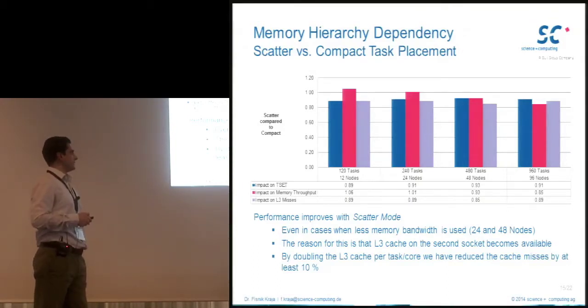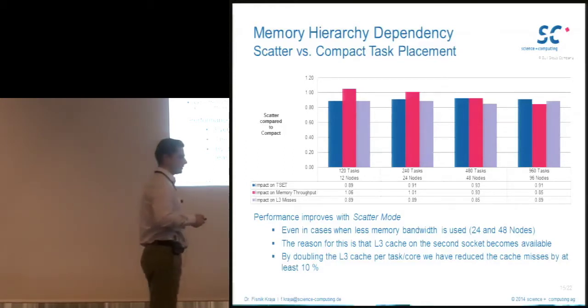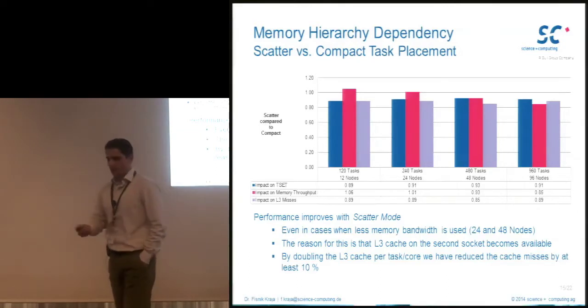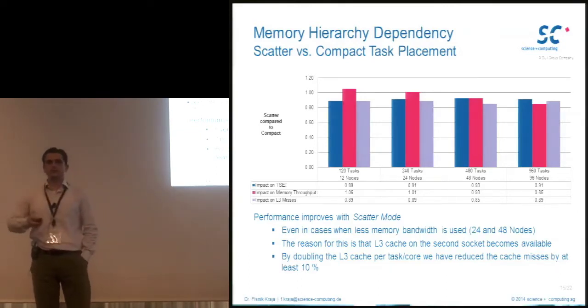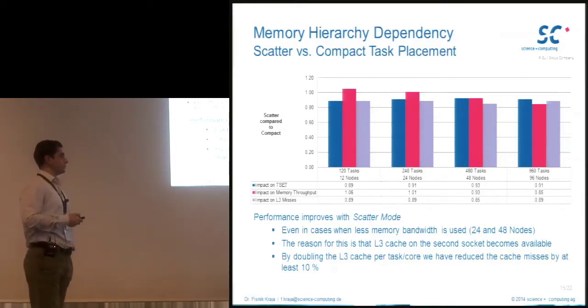And we see that the impact on the cache misses is almost the same, but what's suspicious here is, why didn't the memory throughput increase? The explanation that we give for this is that you have more caches, and at some point you saturate the memory bandwidth, you don't need more. So you get this performance improvement not from the memory throughput, but mainly from the caches.